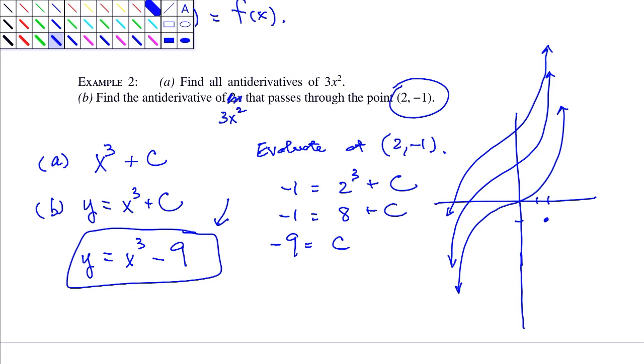And that's the one that has a vertical shift of negative 9. Yeah, it looks like that. Not quite drawn to scale. All right, and so you'll hear these terms thrown around: general solution and particular solution.